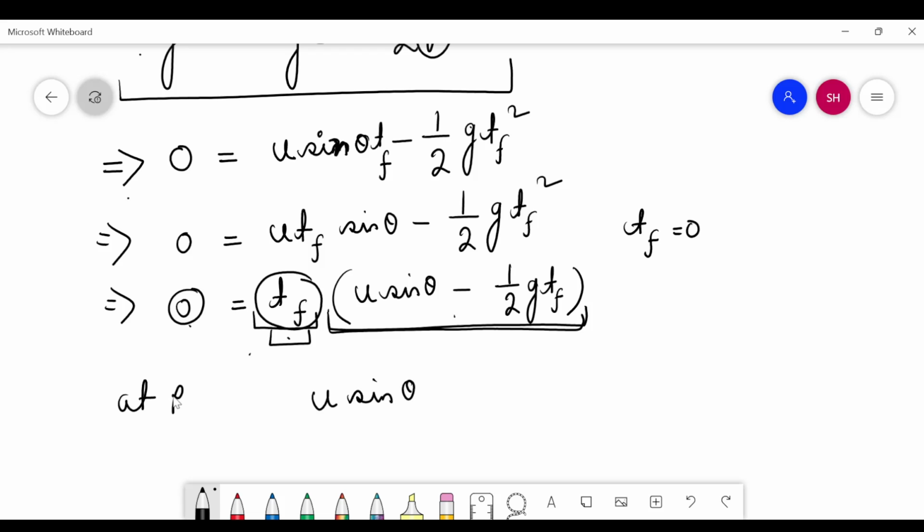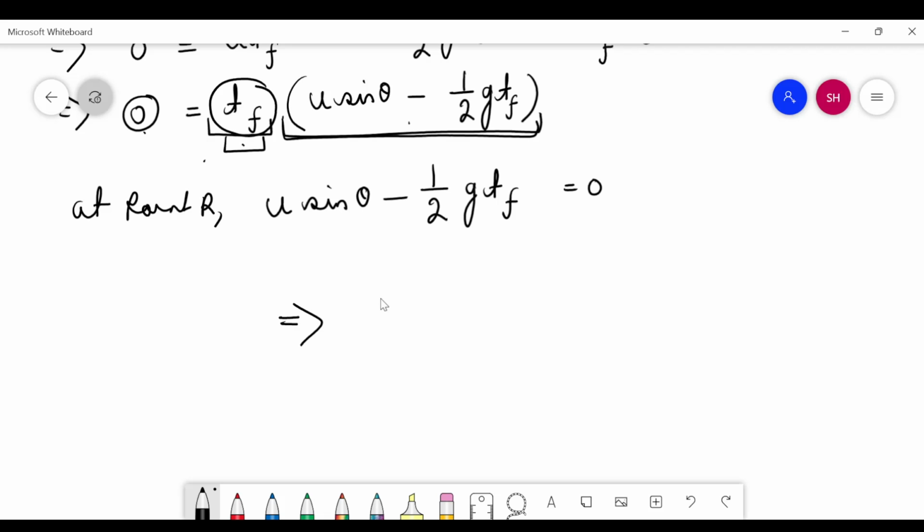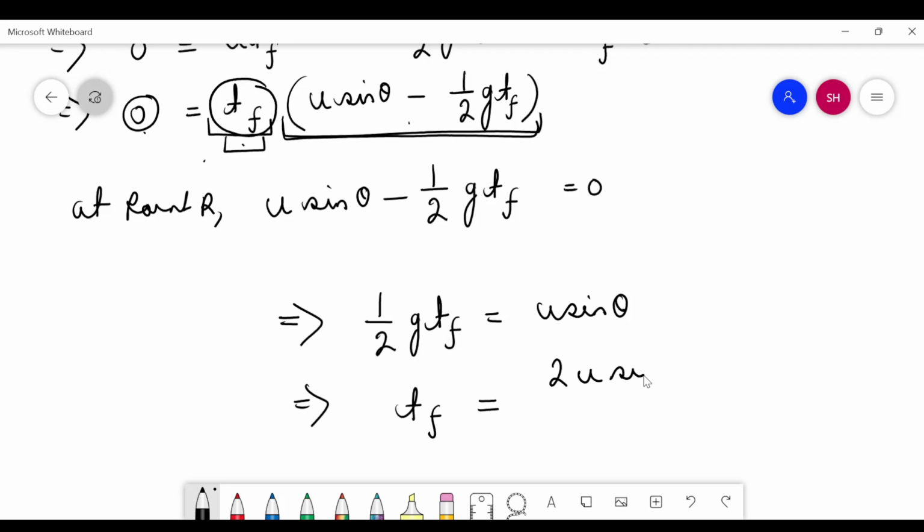At point R, that means when the flight is stopping, u sine theta minus half g T_F is equal to 0. This will give us half g T_F is equal to u sine theta, and hence the time of the flight can be measured by 2u sine theta divided by g.